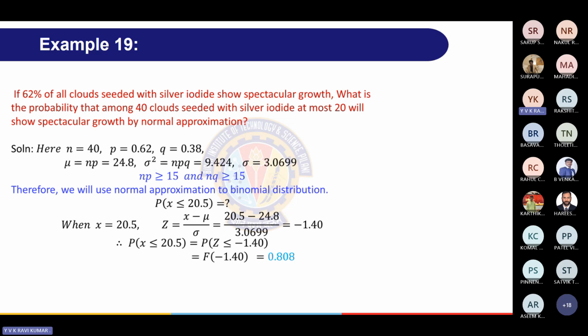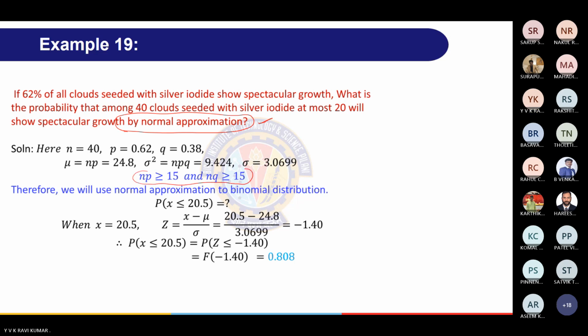Okay, this is another example along the same lines. So n = 40, p, q, then applicability. Here, even though it is mentioned as normal approximation, it is always better to validate it. Is it worth going or not? So this is the condition.